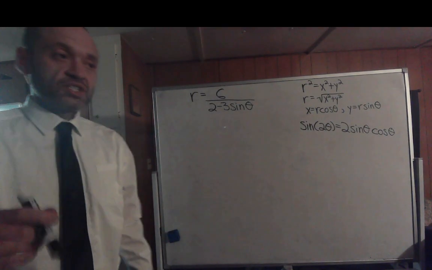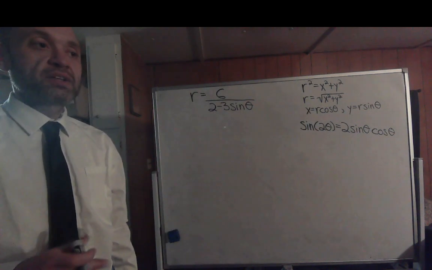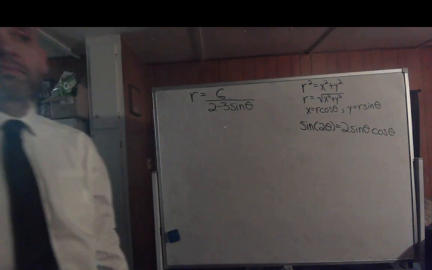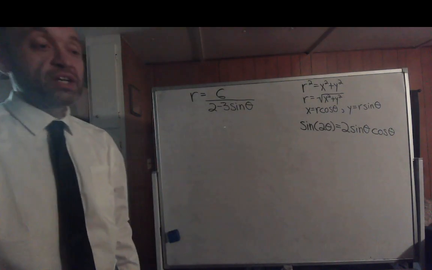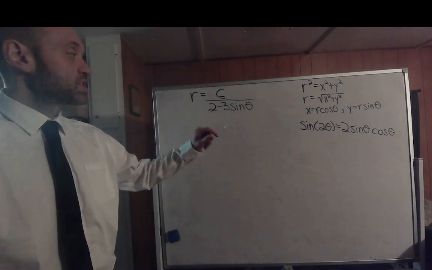In 2 lessons from now, we're going to talk about something called eccentricity of conic sections. Then after that, we'll talk about the polar form of conic sections. But this is going to actually turn out to be a hyperbola. But let's go ahead here.